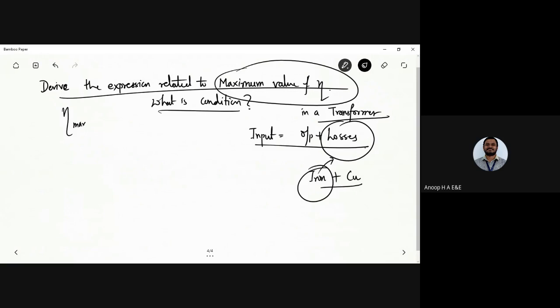In iron losses you will again have hysteresis losses and eddy current loss. It is minimized by thin lamination sheets and by using better grade material. The copper losses depend exclusively on the current, so we call them the variable losses.